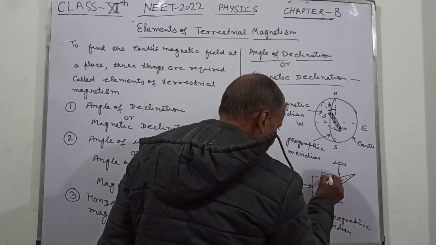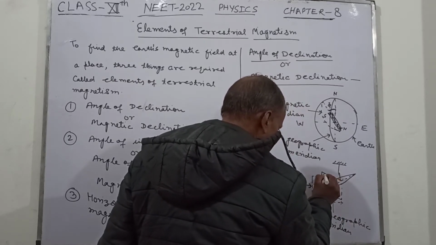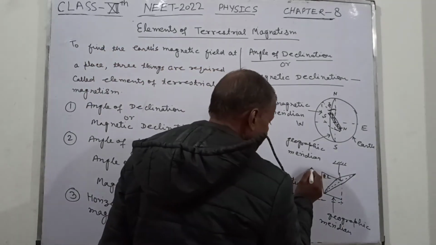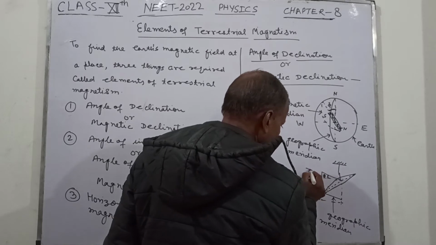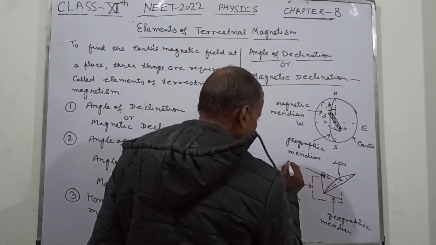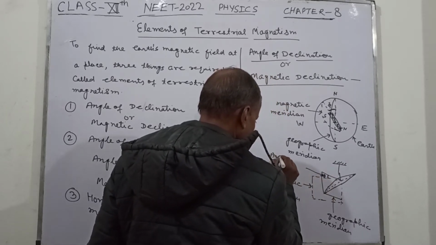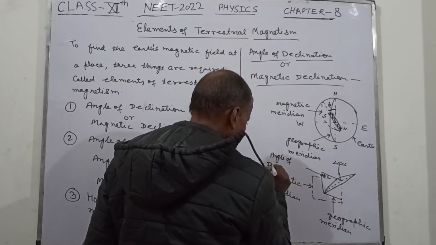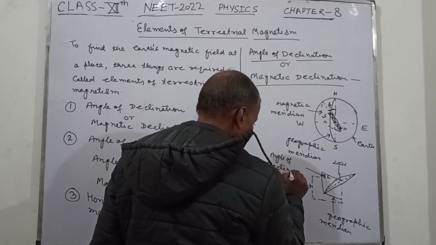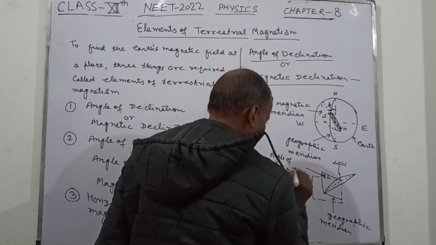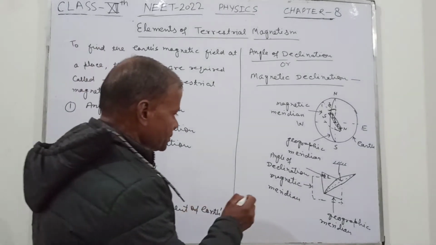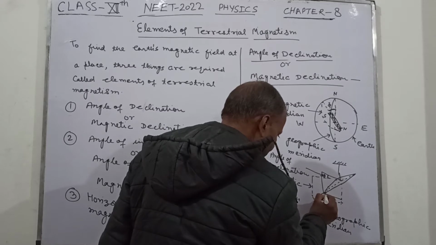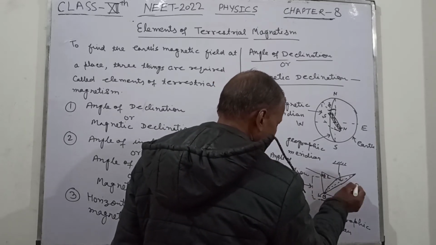Then this angle is called phi. This is the angle of declination. So this is the magnetic field being like this. This is the horizontal component.